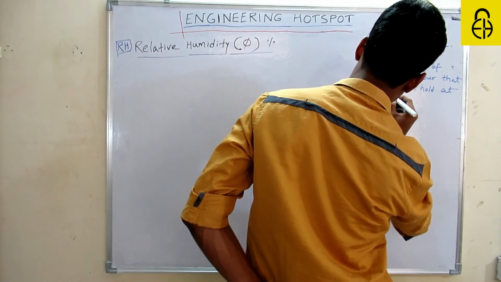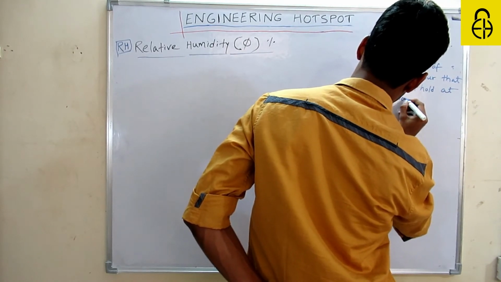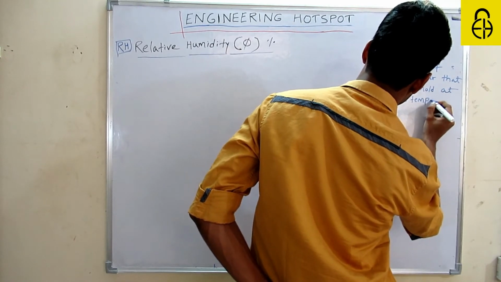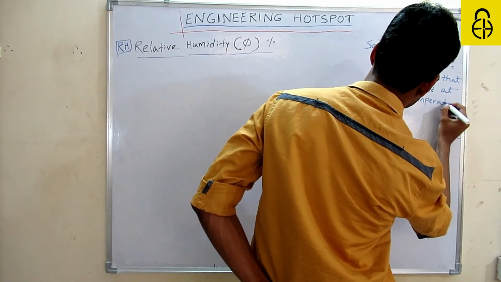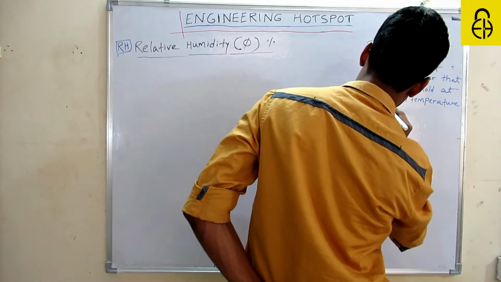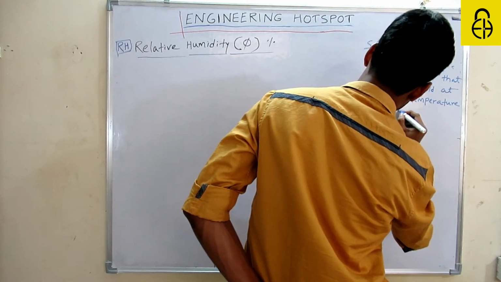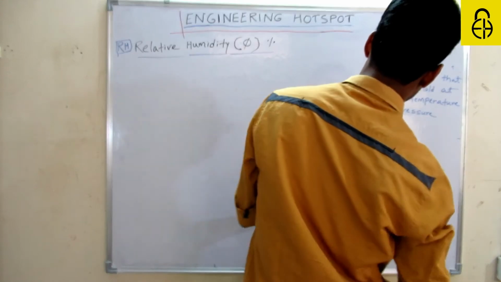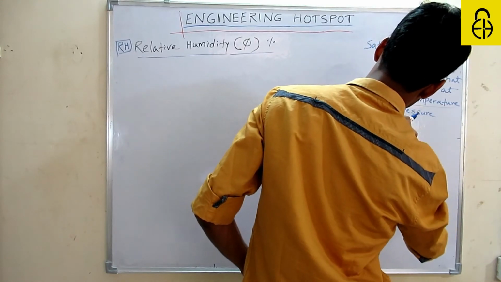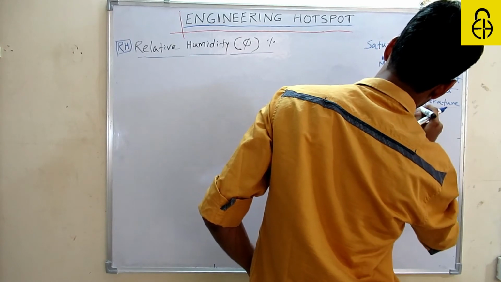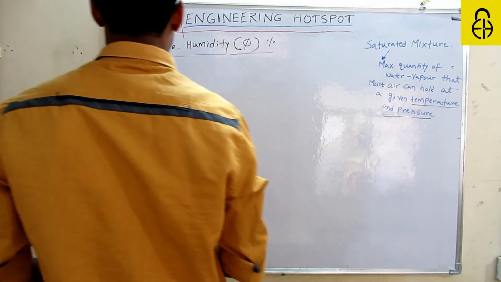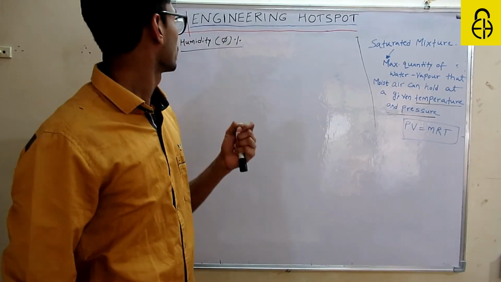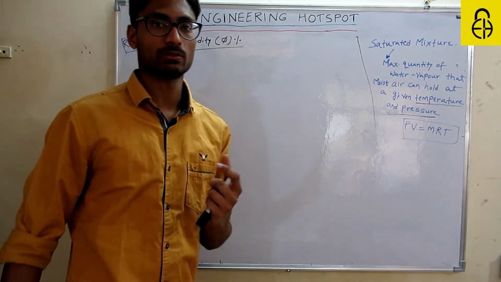This is very important. It should be at a given temperature and pressure. Now, as you got the meaning of saturated mixture, we can look at what is relative humidity.